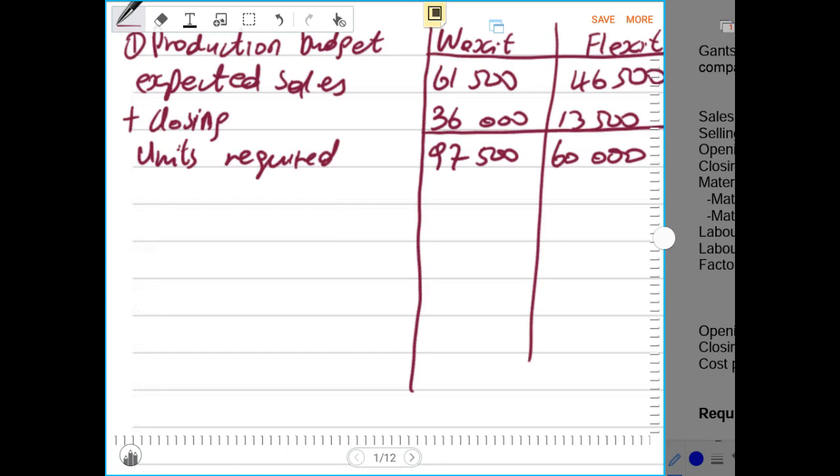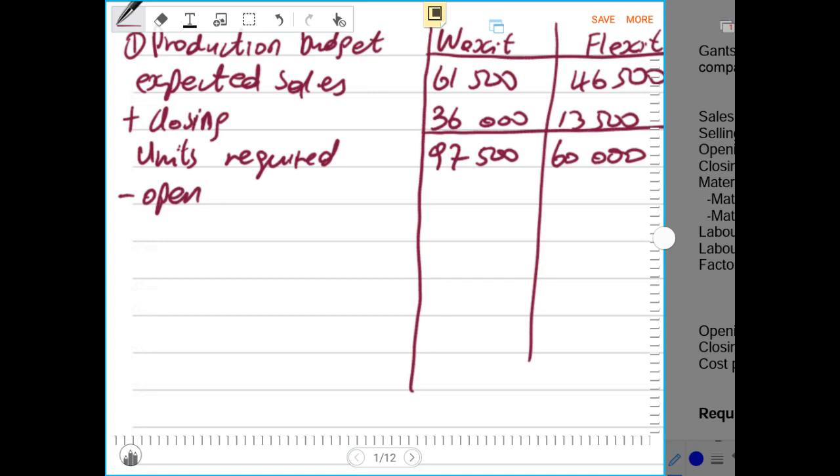So now from here we have to deduct the opening stock, because the opening stock was produced already in the previous accounting period. So now we have to subtract our opening stock. Then we say less opening stock.